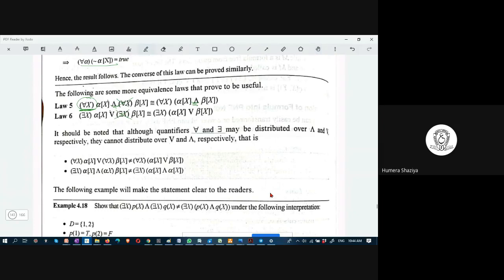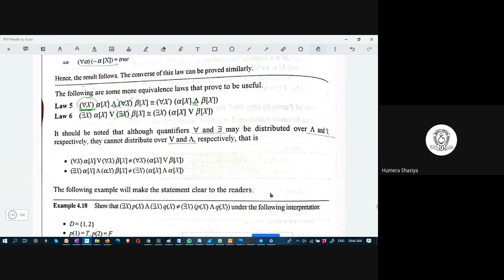Quantifiers for all and there exists may be distributed over and, or. However, they cannot be distributed over or, and.